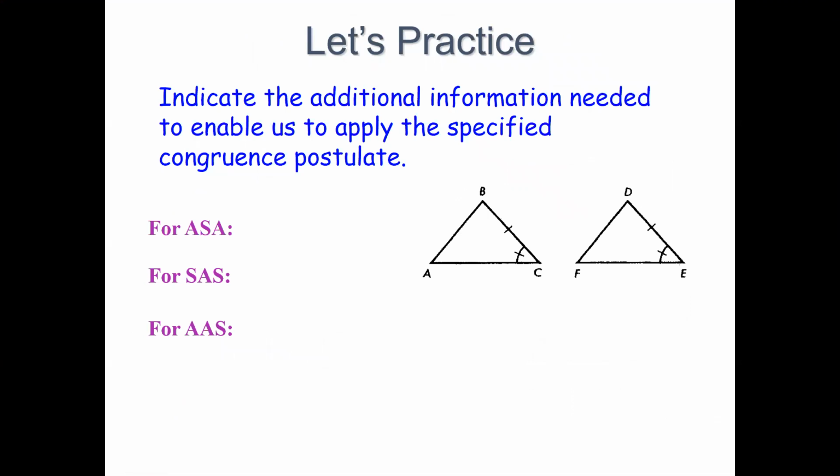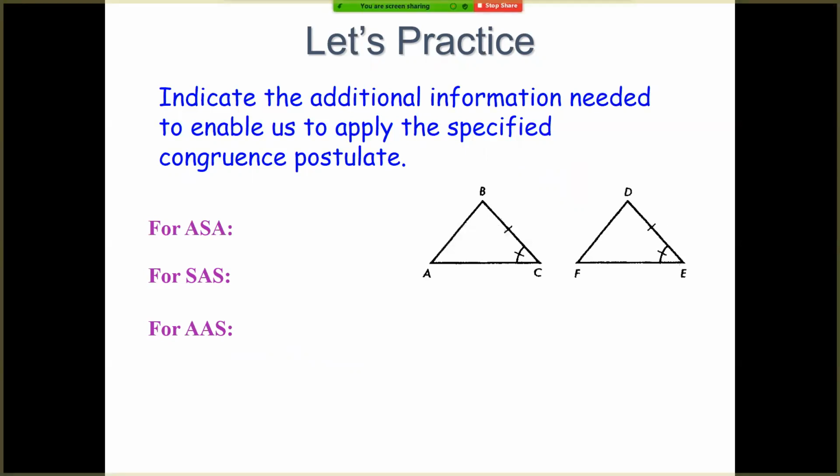All right, for the last one, we're going to list any additional information needed that would enable us to apply the specified congruence postulate. So if I was trying to prove these two triangles congruent by angle, side, angle, I would have to show that I have another angle that's congruent. We were given a side and we were given an angle.